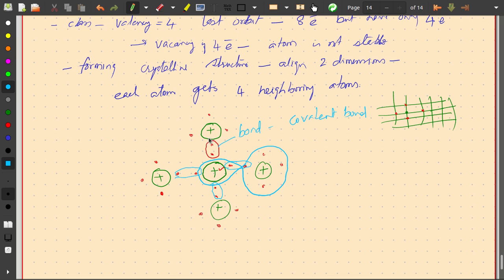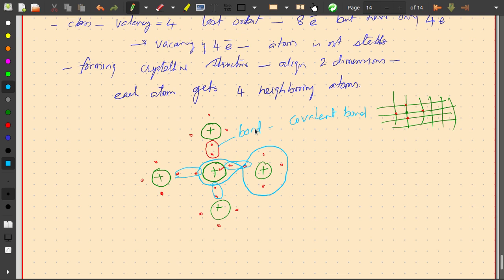So it is already having its own four electrons, and four more electrons are shared by its neighbors. In that way, this particular atom feels that it has got 8 electrons in the outermost orbit, and hence it is satisfied. And this way, this whole crystalline structure gets stability.